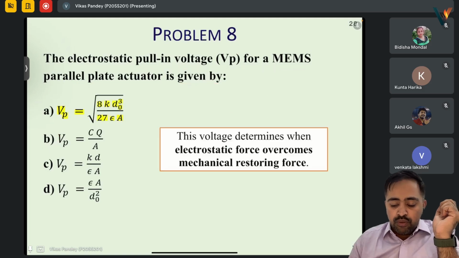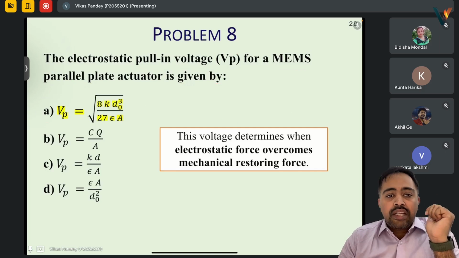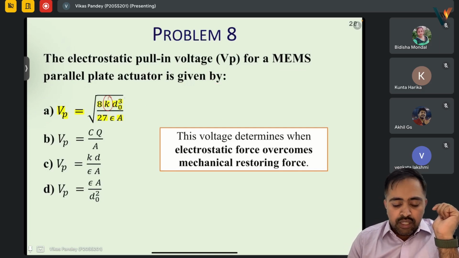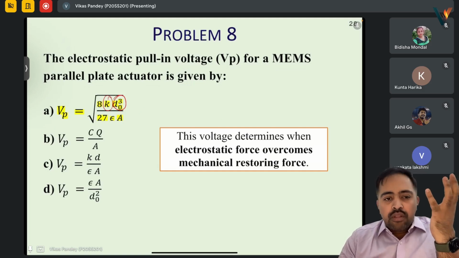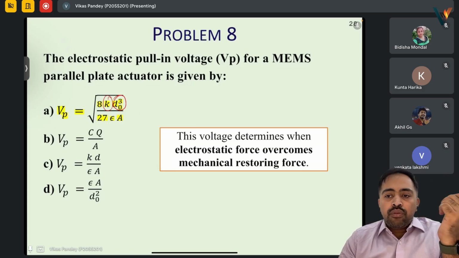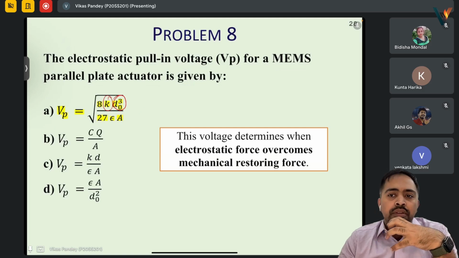So this will depend on factor K as well as d naught. But the complete derivation, if you check in Sir's lecture, he has discussed how this is derived.